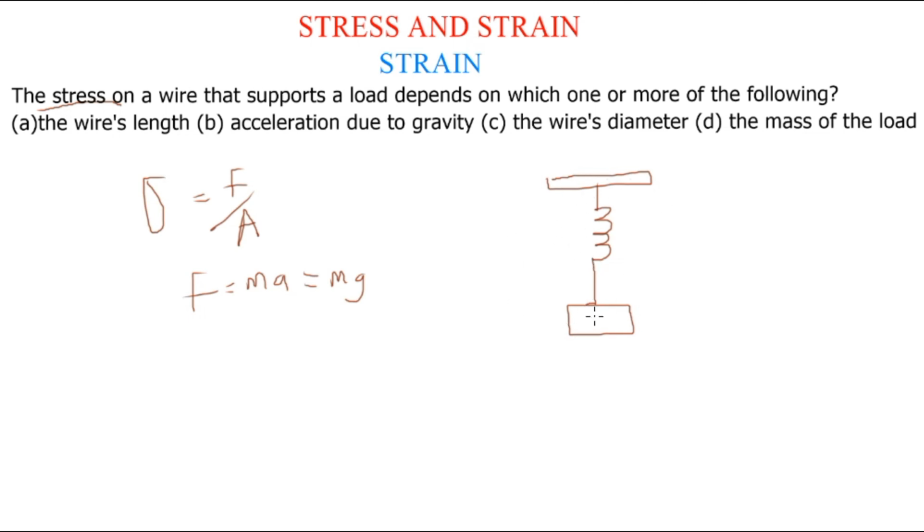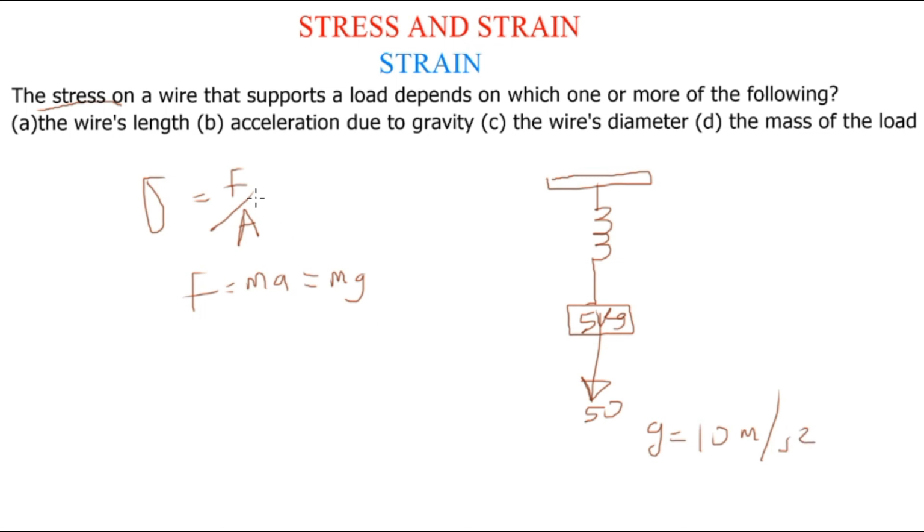In this case, the object, for instance the 5 kg mass, upon placement on this spiral spring, will exert its weight on the spiral spring. As a result, we are going to have a weight of 50 Newton if the acceleration due to gravity is given as 10 meter per second squared.